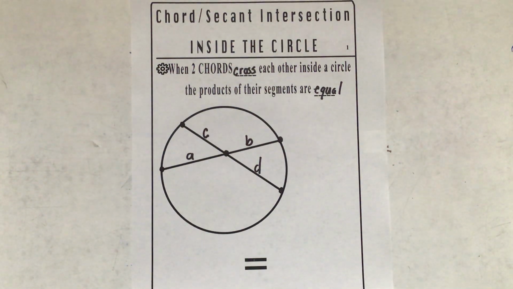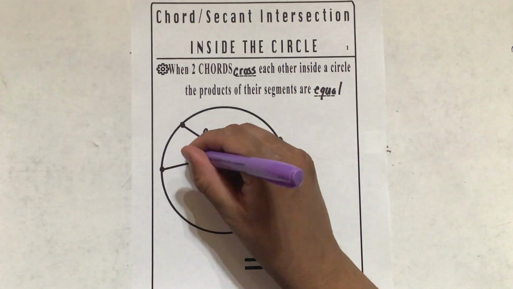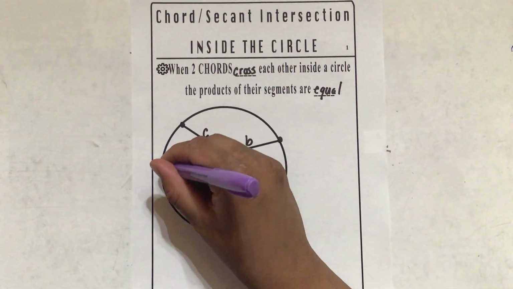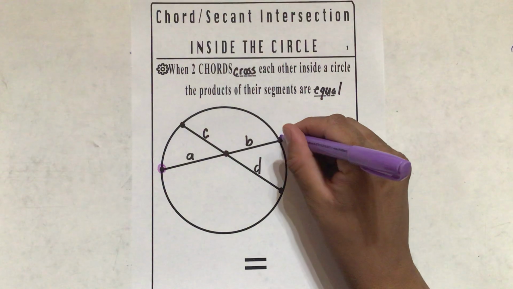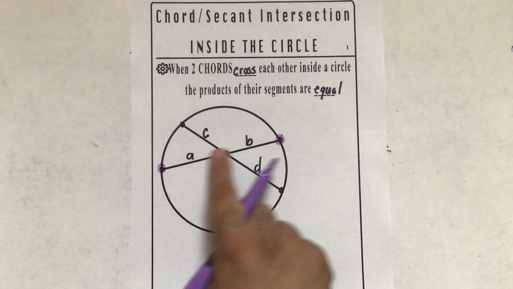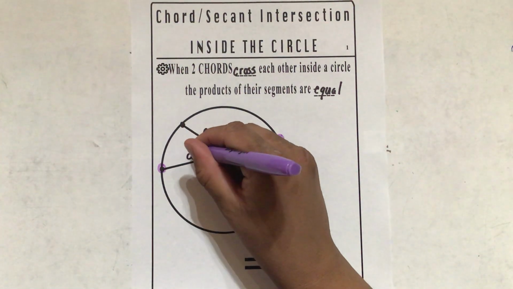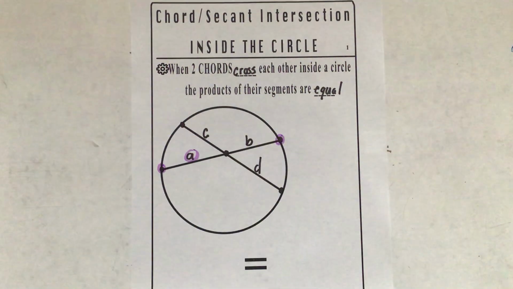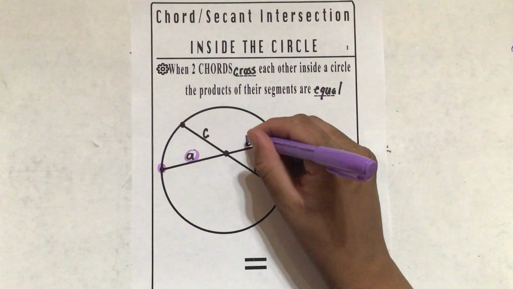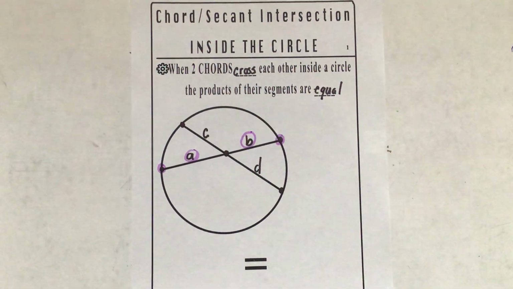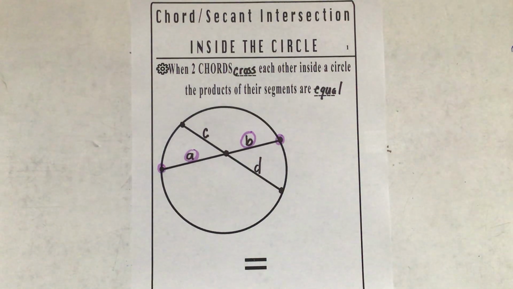So let's say this chord here is my purple chord. So this segment from here to here is A, and from here to here is B. So that's my purple.